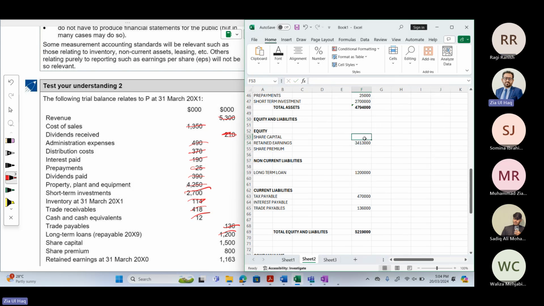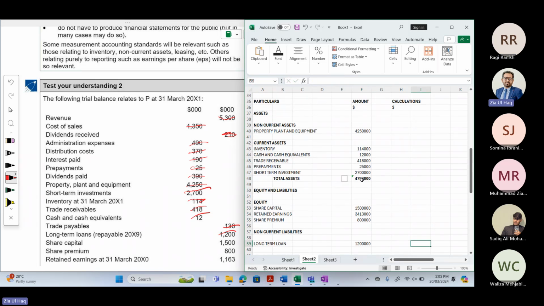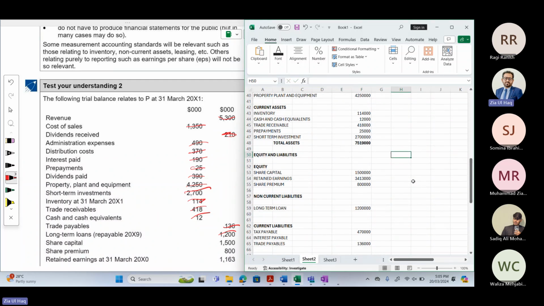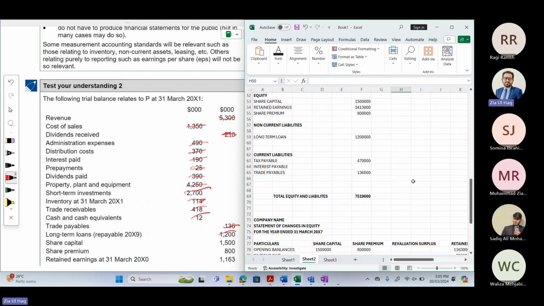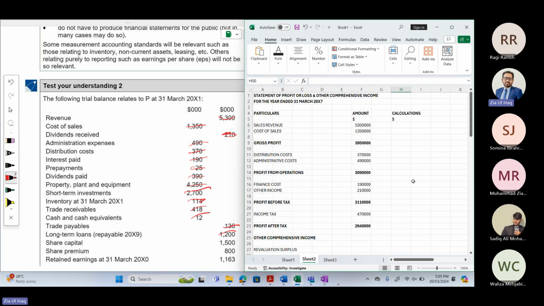Share capital is 1,500,000. Share premium is 800,000. This figure we need to calculate again, equal to the sum from here to there. 7,519,000. Our balance sheet tallies, yes.